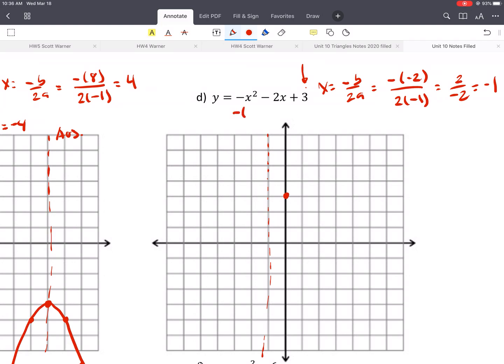So we'll have negative 1 squared, with the negative in front, minus 2 times negative 1 plus 3. It gives us negative 1 plus 2 plus 3. That gives you 4. Okay? And then we use our growth pattern. Since a is negative, we'll go over 1, down 1, over 1, down 3, over 1, down 5.